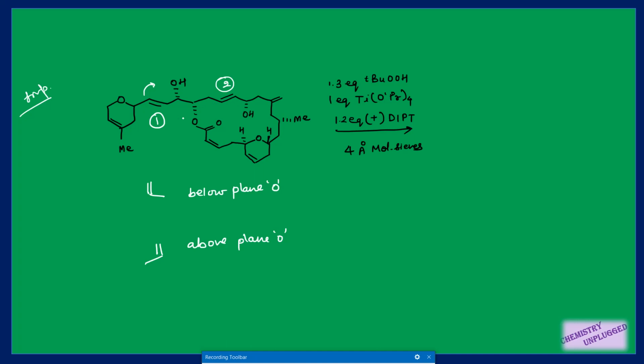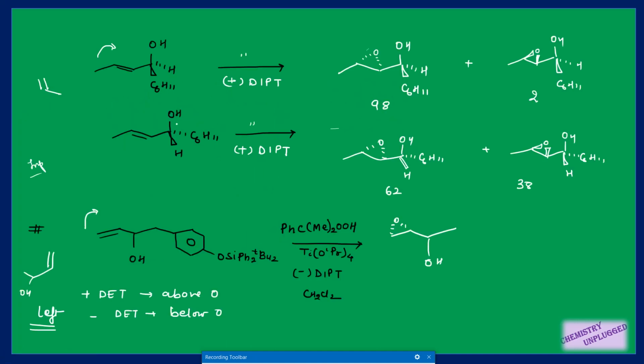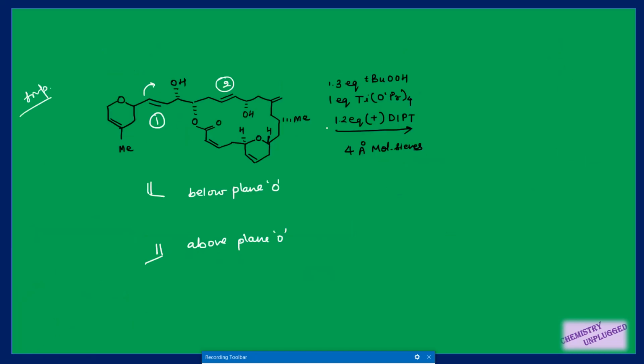In the previous example we have seen that the attachment side of this alkyl group is very important, and I have told you that when this alkyl group becomes more and more bulky, stereoselectivity will decrease, right. So this whole group is attached below the plane through this carbon, right. And on this double bond, according to our concept, oxygen should go below the plane, right.